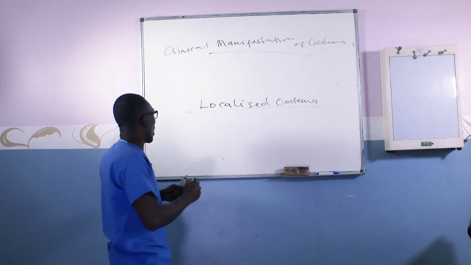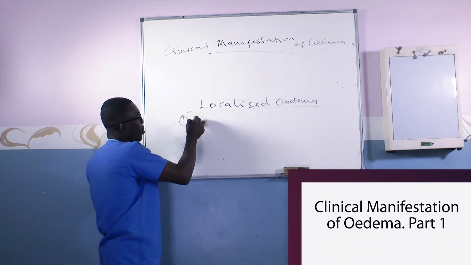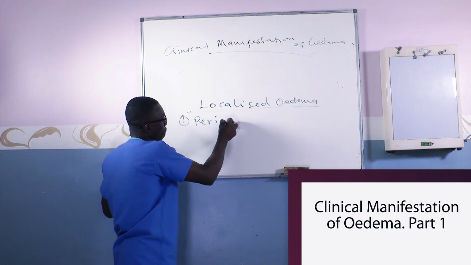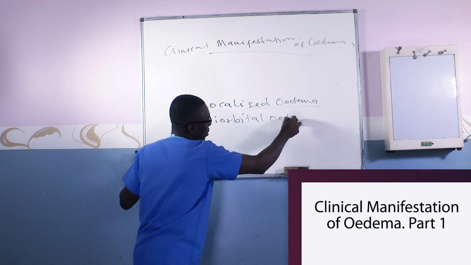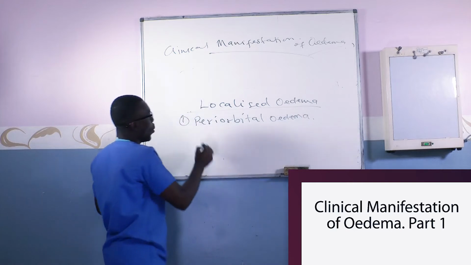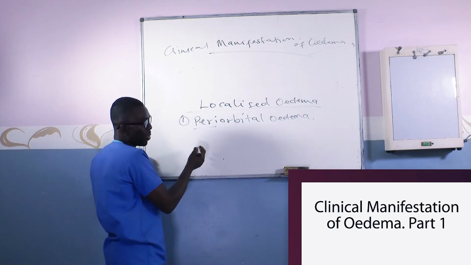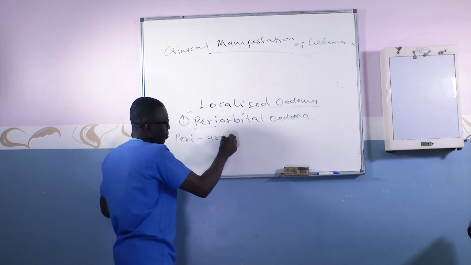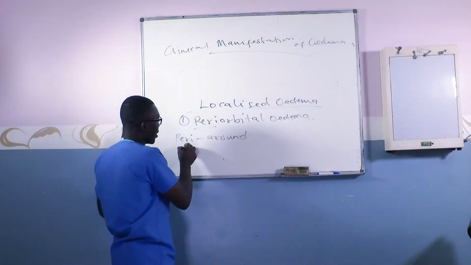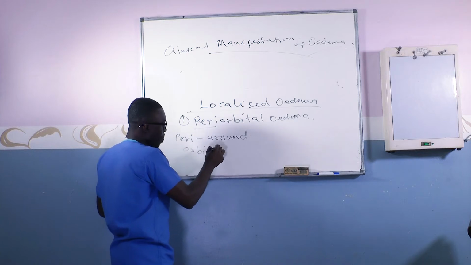An example of localized edema includes periorbital edema. The word peri means around. Orbit means the socket of the eye.